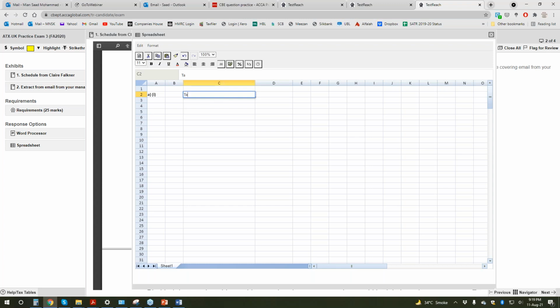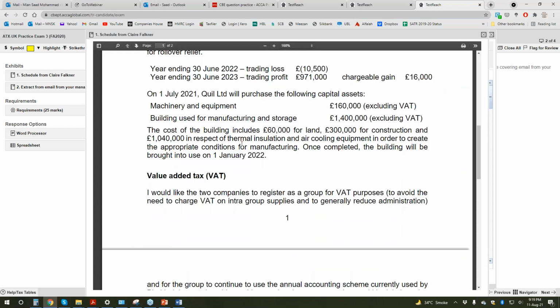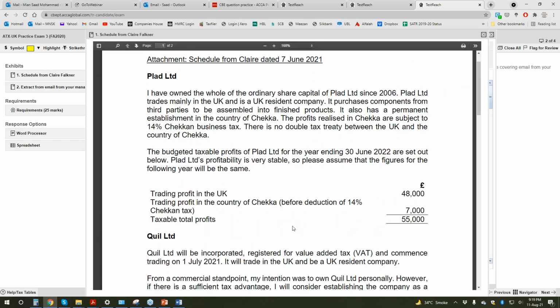So first of all, I have to take taxable profits of Plard Limited. I guess these were mentioned in the question. Let's quickly look. These are 55,000.